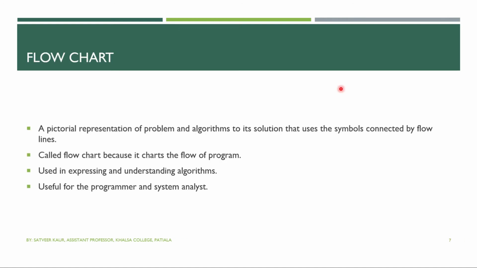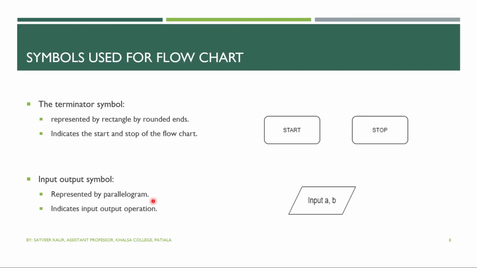The next one is flowchart. It is a pictorial representation of a problem and algorithms to its solution that uses symbols connected by flow lines. It is called flowchart because it charts the flow of a program. And flowchart is used in expressing and understanding the algorithms, and it is useful for the programmer and system analyst.